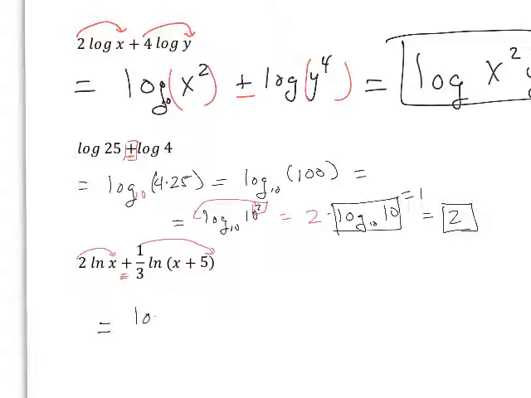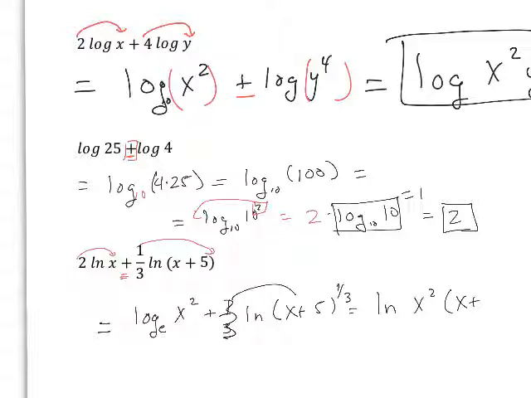That gives me log, and again, this is understood to be the natural log, of x squared plus 1/3. We want to keep writing them as natural logs. This 1/3 is going to come up to that x plus 5, or the natural log of x squared times x plus 5 to the 1/3.